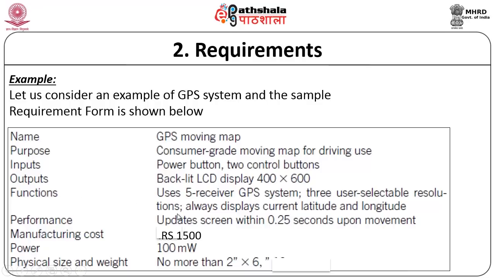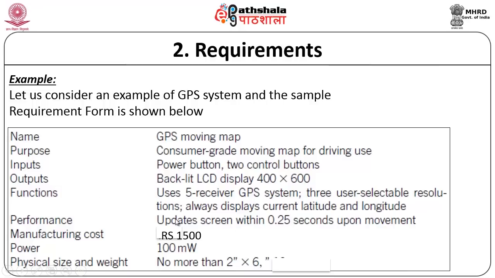When you are looking at the functions, they will require that the GPS system should have 5 receivers, so that the accuracy will be very good. A 5 receiver GPS system, as well as 3 user selectable resolutions, so that they can zoom in at different scales. It always displays the current latitude and longitude, and it updates the screen every 0.25 seconds upon movement.